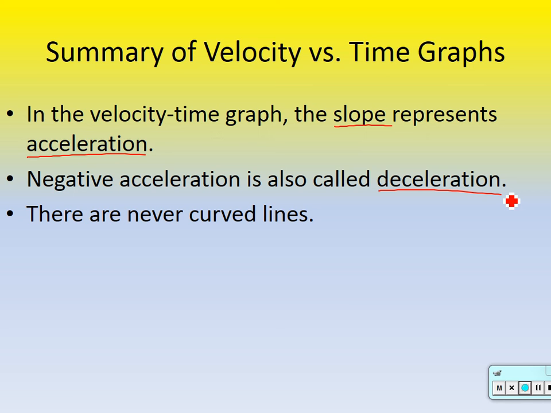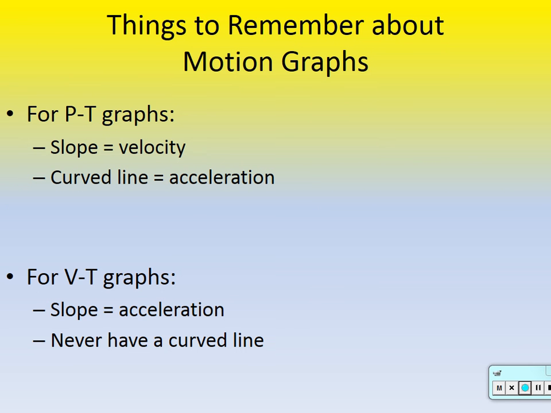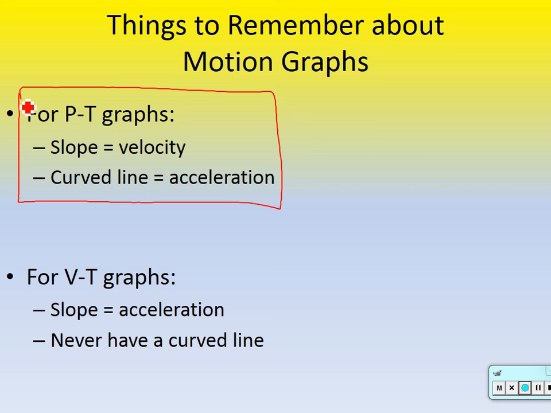Okay. Before we stop the video, I've got one more slide. I would like you guys to write this down somewhere. I know I didn't include this slide in the guided notes, but at the top of your guided notes, at the side, the bottom, somewhere. These are things to remember about motion graphs. This box right here is for position time graphs.